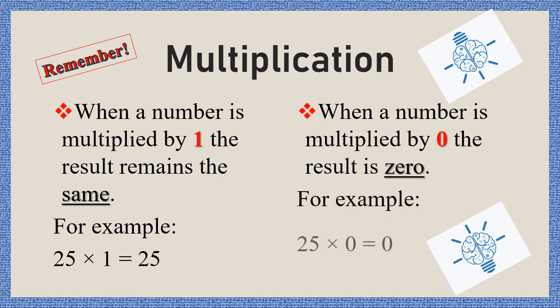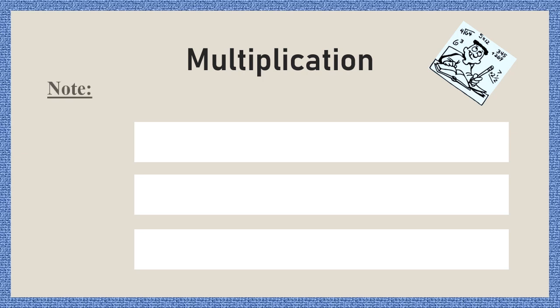For example, if 25 is multiplied by 0, your answer is 0. Now students, please pause this video and take any random numbers of your choice and multiply them by 1 and 0 to see if that is true.